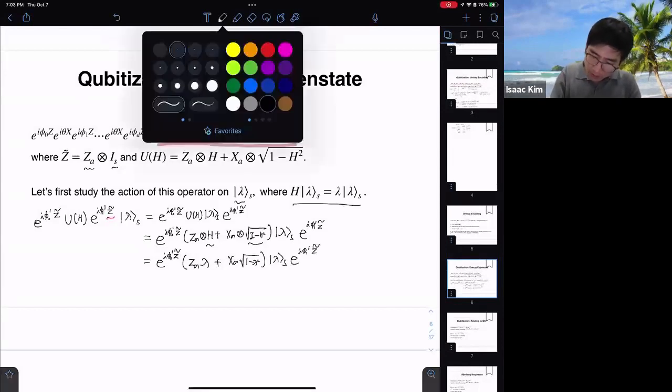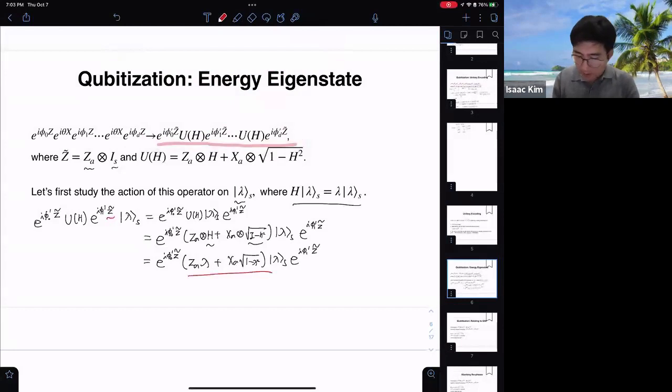And at this point, notice that this is just an operator that acts on the single qubit A. And so it just acts trivially on this state lambda. And we can say the same thing about this operator. It's just an operator on a single qubit, so it just acts trivially on lambda.